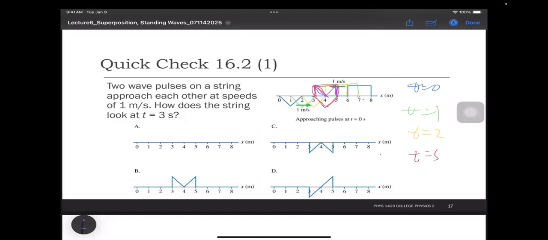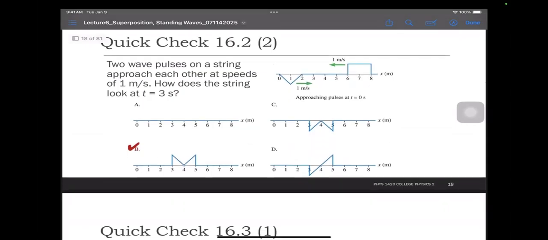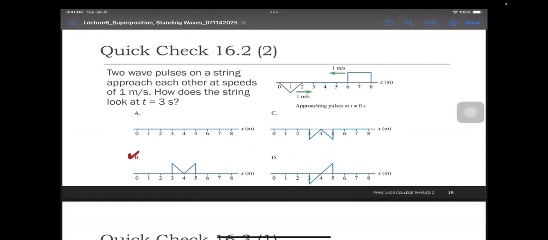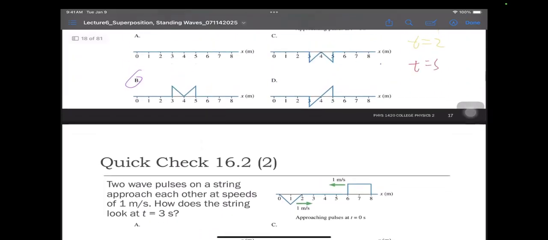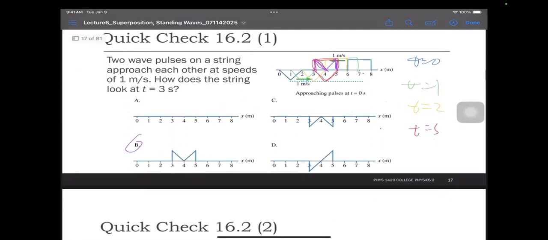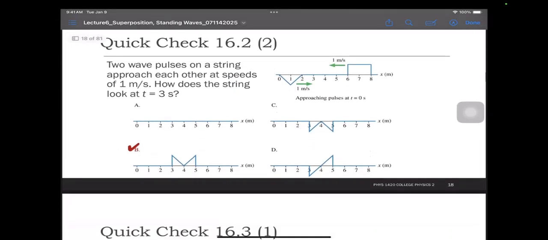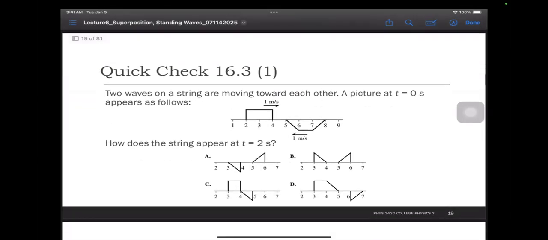So what's the answer? It's obvious, am I right? It's B. Does it make sense to you? If you meet this kind of question, you need to find whether the two waves are constructive or destructive, and you just move one time step by one time step to see how the final wave looks like.